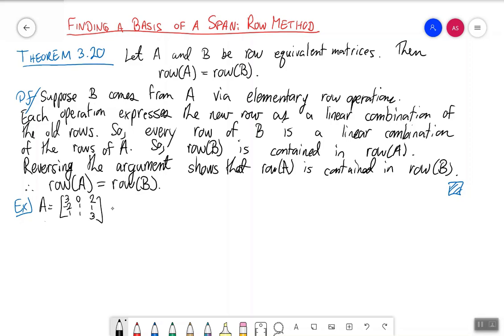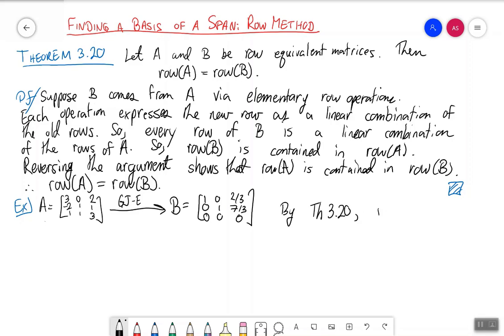So we can row reduce, Gauss-Jordan elimination, to get a matrix B, which is 1, 0, 2/3, 0, 1, 7/3, 0, 0, 0. Then by theorem 3.20, the row space of A is exactly the row space of B.